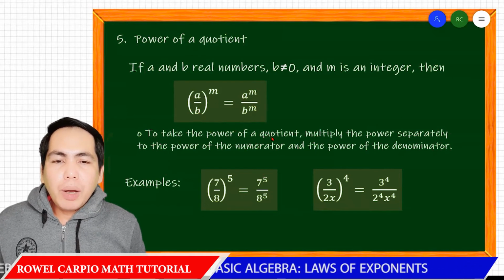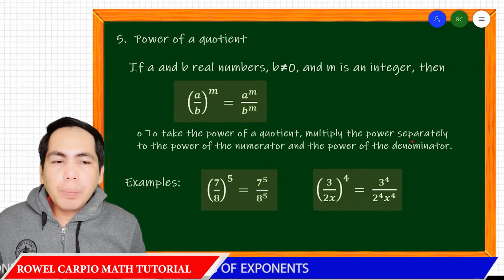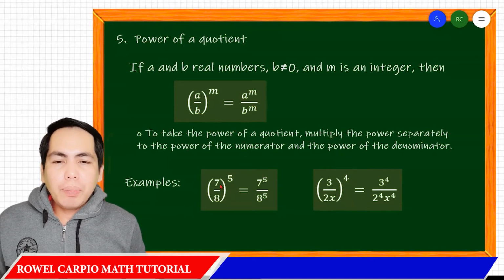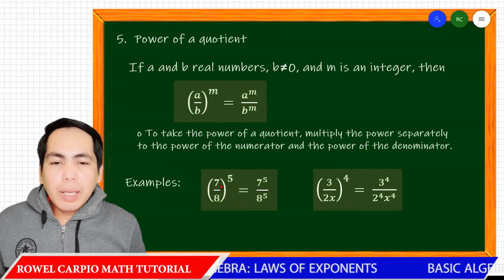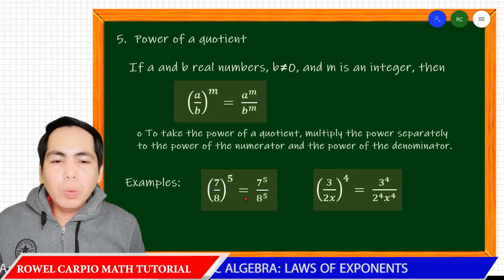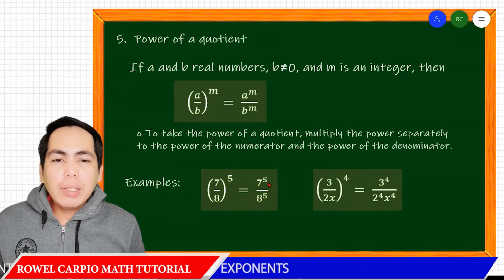So to take the power of a quotient, apply the power separately to the numerator and the denominator. For example, the quantity of 7 over 8 raised to the power of 5 is equal to 7 raised to the power of 5 over 8 raised to the power of 5.